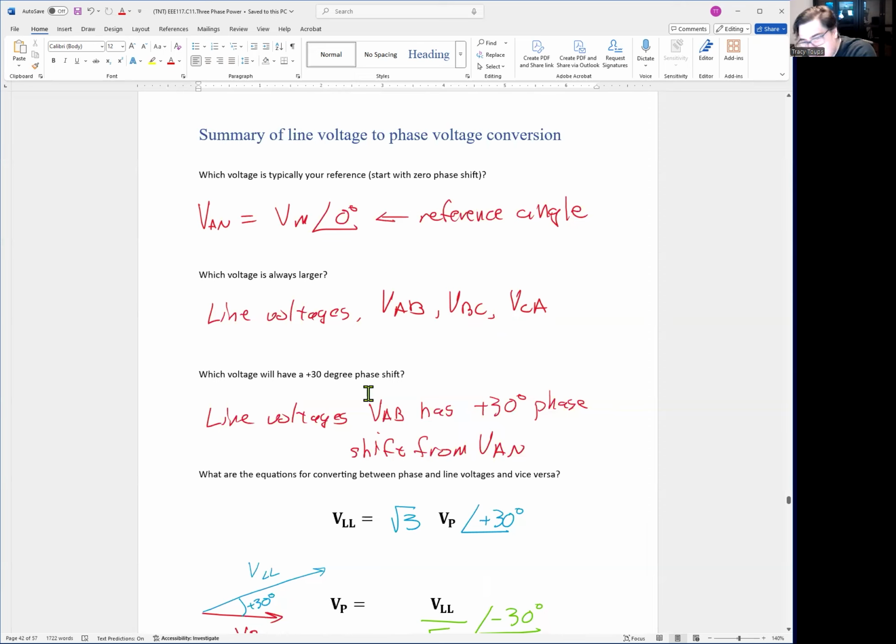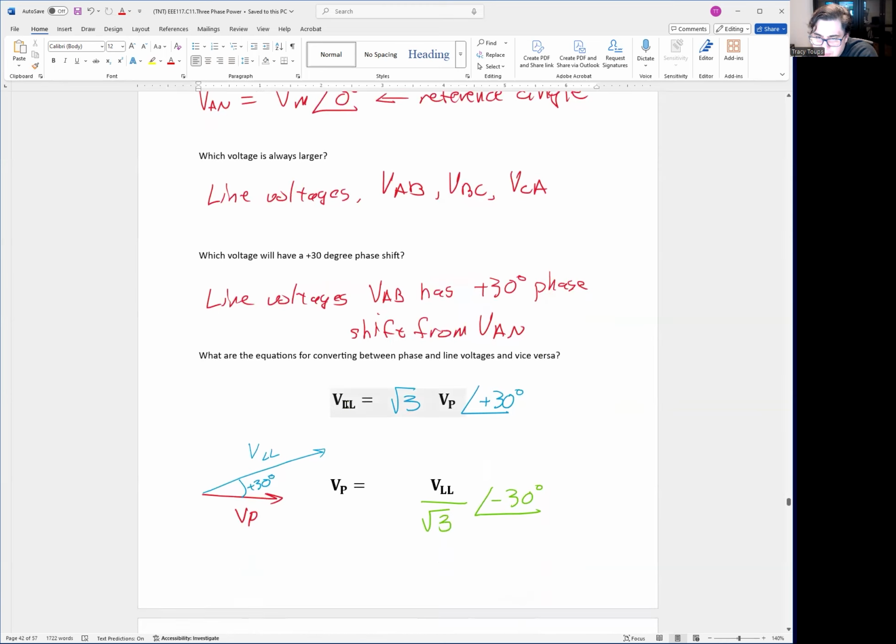Line-to-line voltages like VAB always have a positive 30-degree phase shift from phase-to-neutral, VAN. You always remember, line-to-line is square root 3 higher than your phase voltage, plus 30 degrees. Your phase voltage is always your line-to-line voltage divided by square root 3, minus 30 degrees.